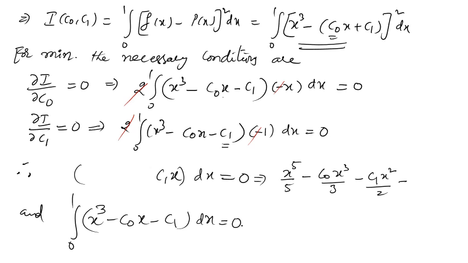This is the integral from 0 to 1 of x to the power 4 minus c0 x square minus c1 x, and in the other, x cube minus c0 x minus c1.